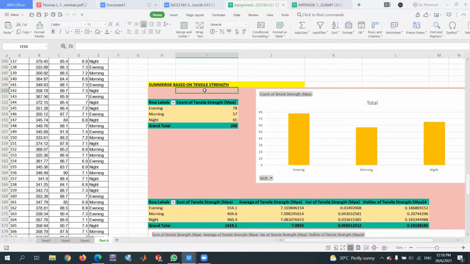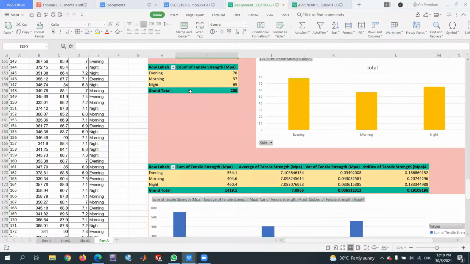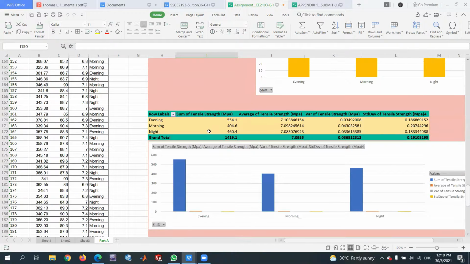For the summary based on the tensile strength, the count of tensile strength will be the same, and for the sum of the tensile strength, the evening has the highest, and for the average also the evening has the highest, and for the variance and the standard deviation, the morning has the highest values.